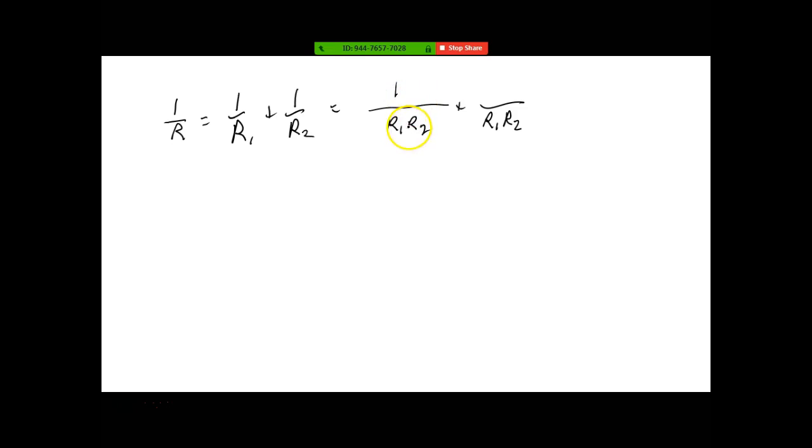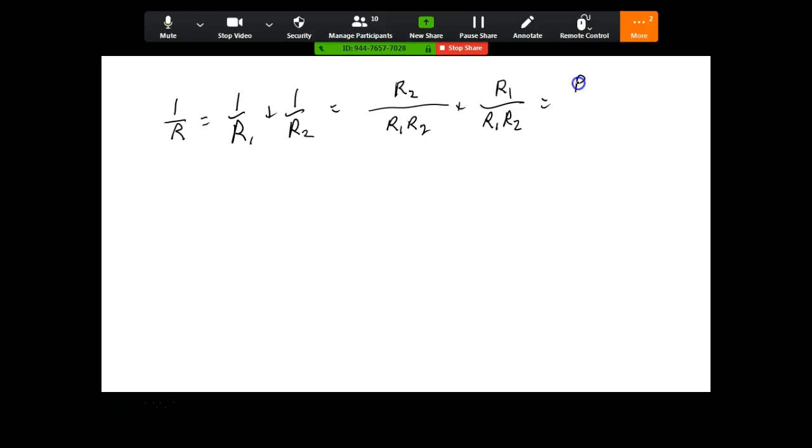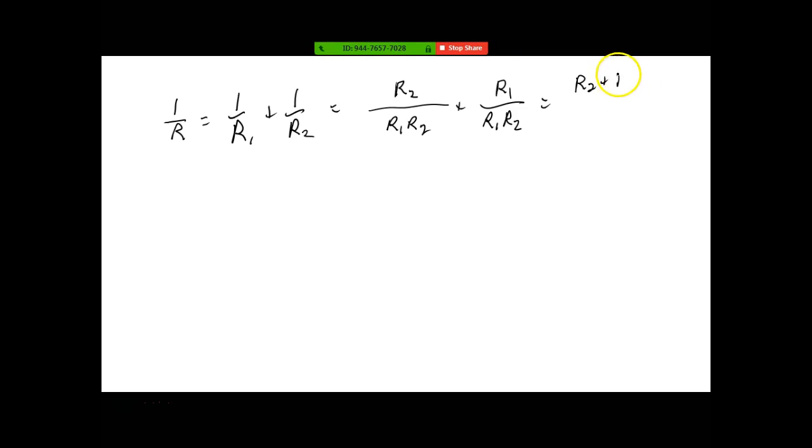To get the common denominator of R1 R2, you'd have to multiply this by R2. You had a 1 here over R2. To get R1 R2 here, you'd have to multiply by R1. So that gives you R2 plus R1 over the product of R1 R2.